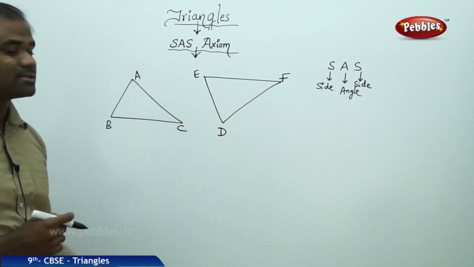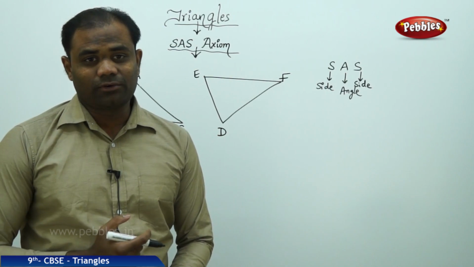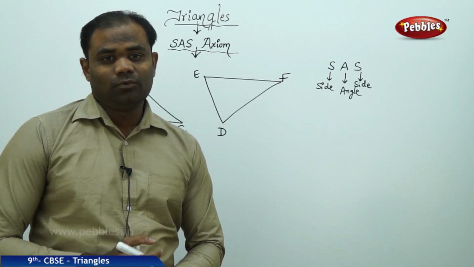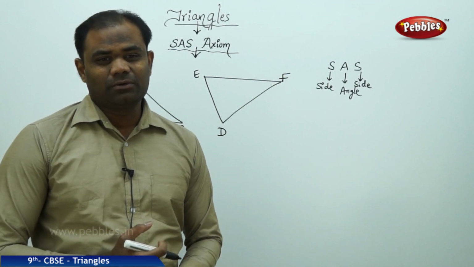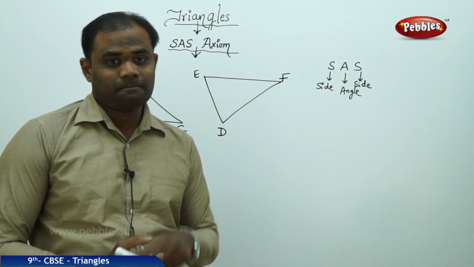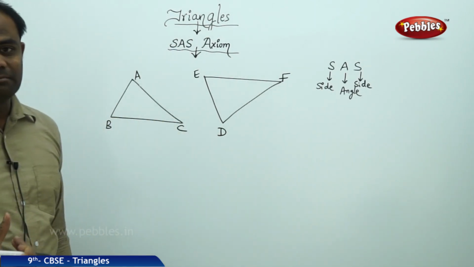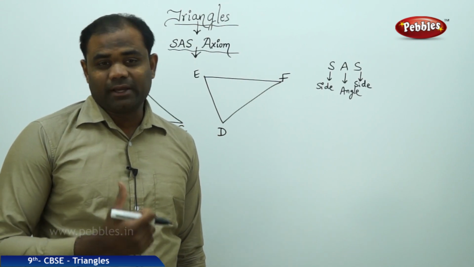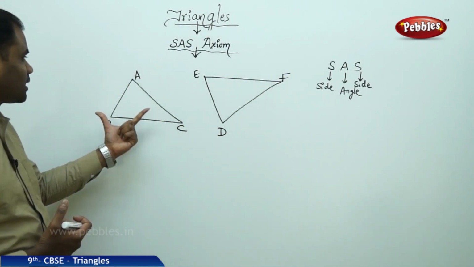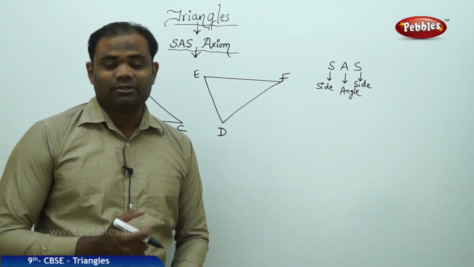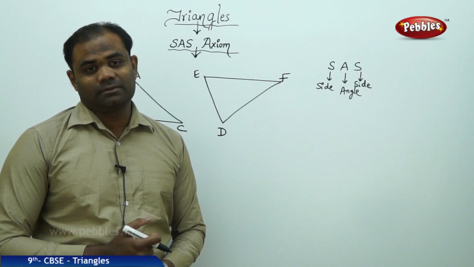Let's see if they are congruent through the SAS axiom. What is the SAS axiom? How do we define the SAS axiom in mathematics? The SAS axiom in respect to congruency of two triangles defines that if two sides and one included angle are equal in two triangles, then the two triangles must be congruent.